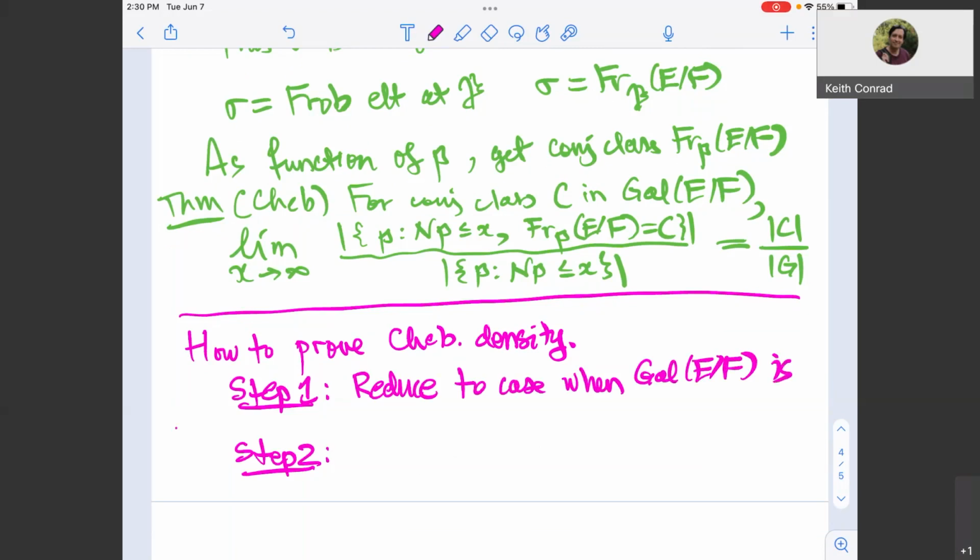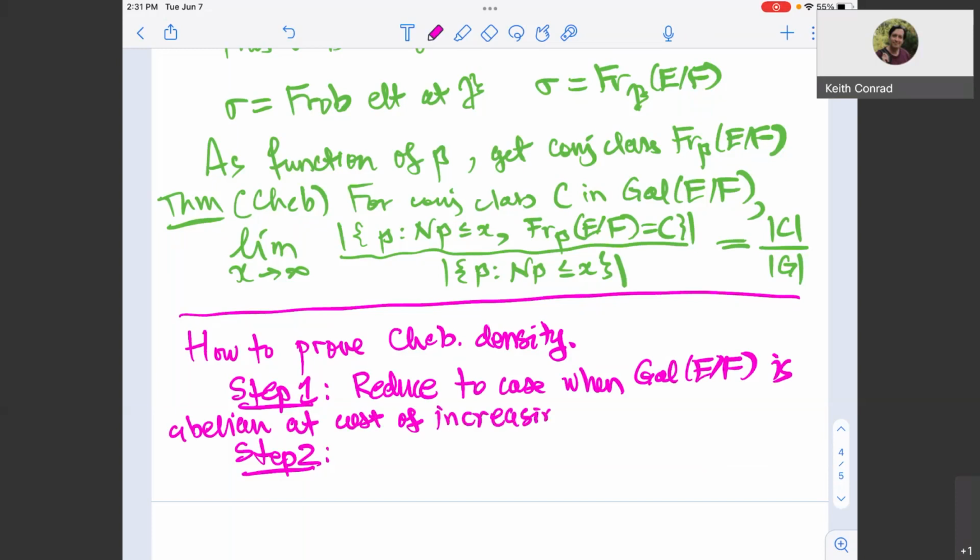In fact, the reduction is even going to lead us to reduce to the case when it's just cyclic, but I'll just phrase it this way: reduce to the case when the Galois group is abelian, and in doing so, I'll say it's at the cost of increasing the base field.